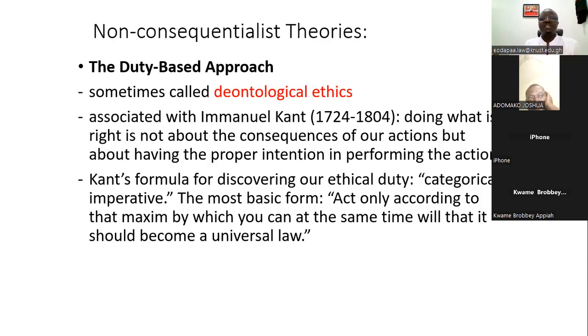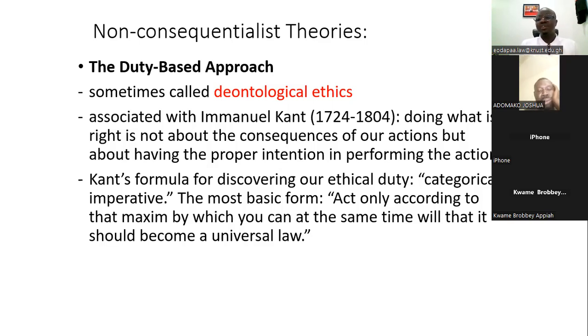So how does Immanuel Kant develop this idea that we judge the action not by its consequence, but by the proper intention with which it was done? He proposed a formula for discovering our ethical duty, and that formula is called the categorical imperative.